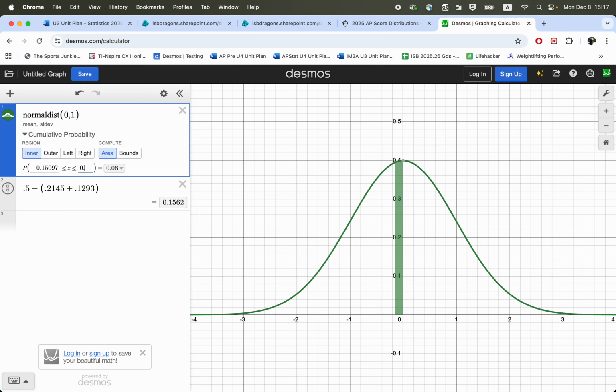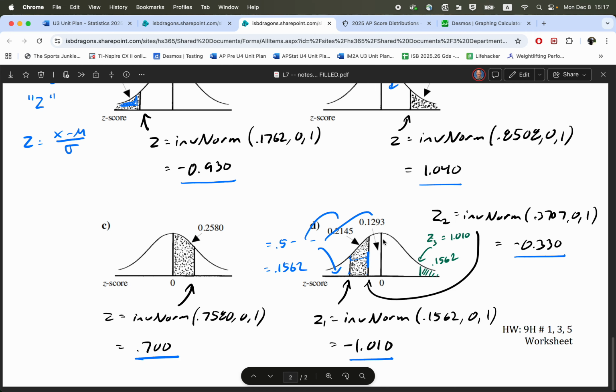Sorry guys, why is this not working? Oh, well, let's just do this. We'll just find this left area.